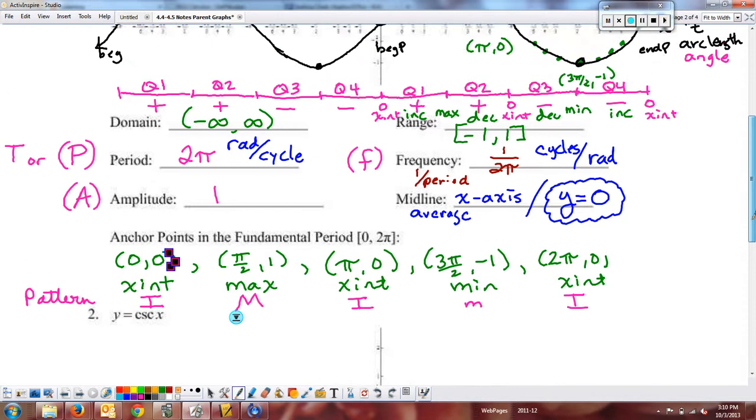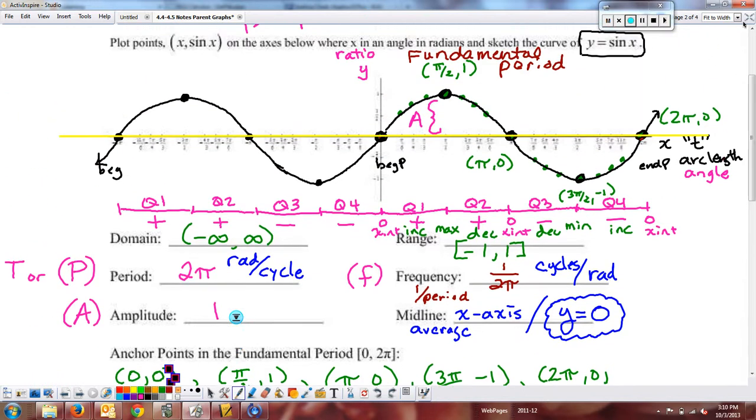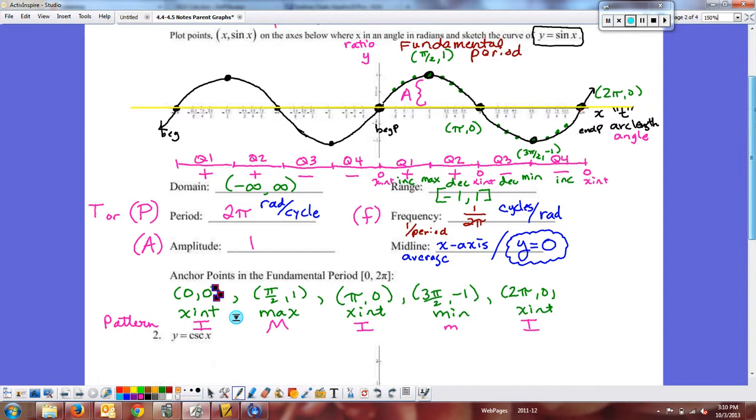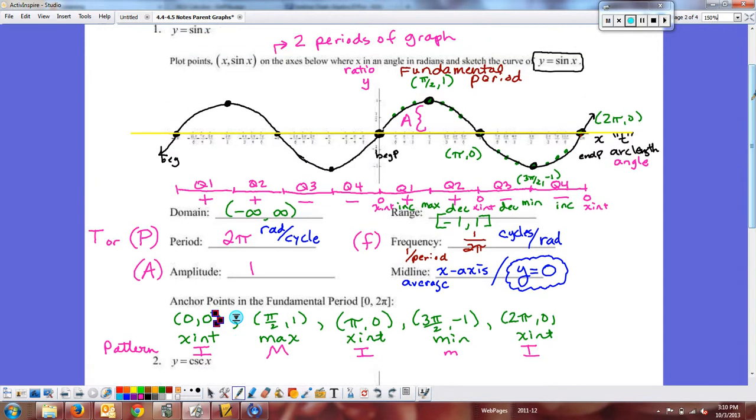And even when we start transforming this graph, basically moving it up and down, shifting it left and right, the idea is we're going to be looking for this wave pattern of intercepting with the midline, max, intercept, min, intercept. And I'm going to use that as a way to figure out the pattern that's going on when we start doing our transformation.